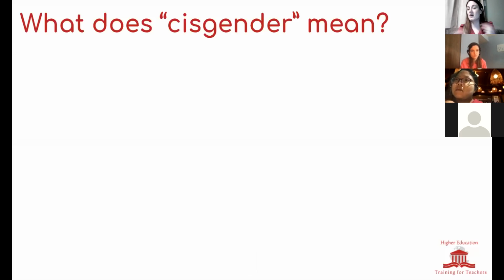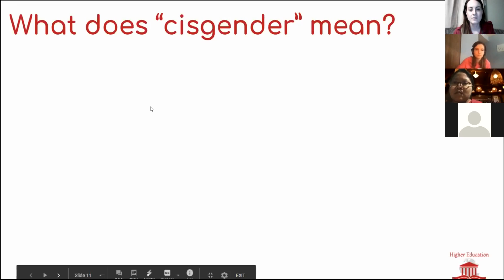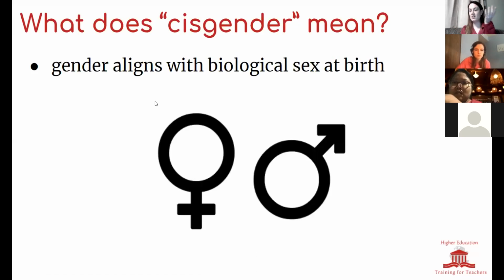Gender is kind of cultural, and then the physical aspect, what is that called? Yeah, good. Natural born biological sex. So cisgender means that your gender and your sex are the same.